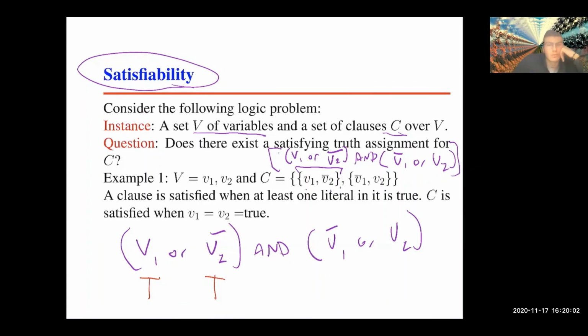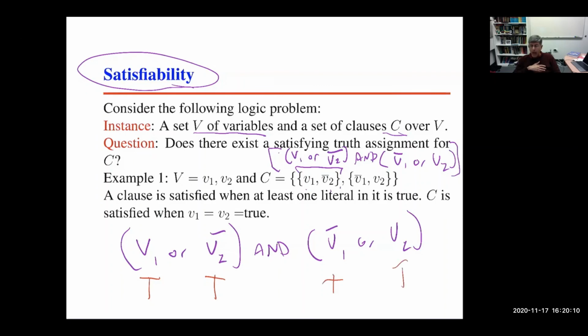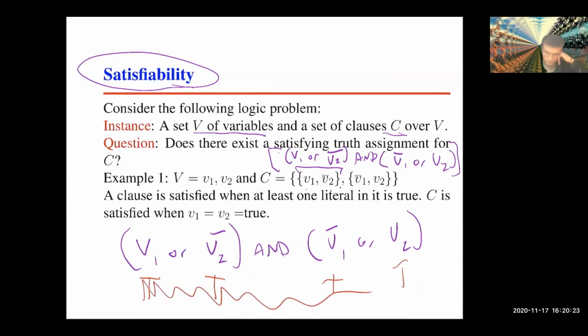And what is not true? False. False or true? What is that? True. True and true is true. Is that correct? So you can make this expression true by setting V1 and V2 both being true.